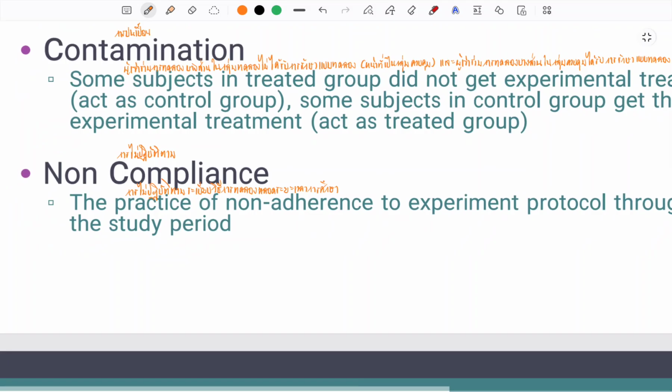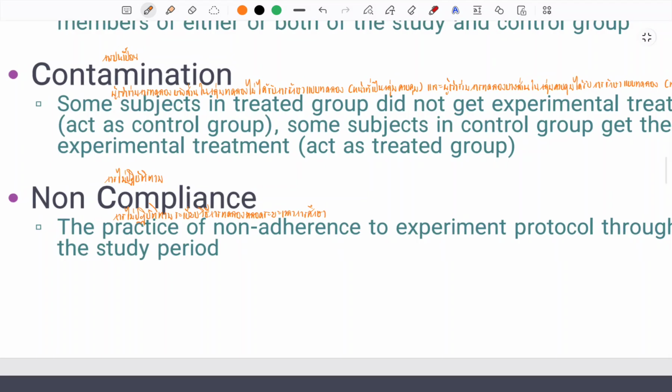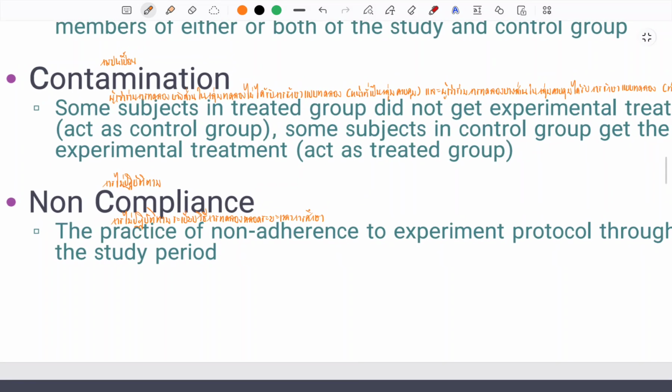And for contamination, for example, if you use an instrument like he did, how can you control for contamination?